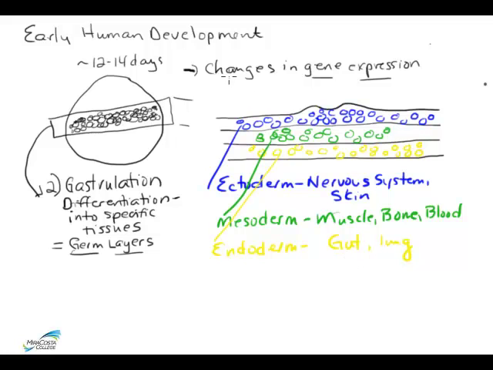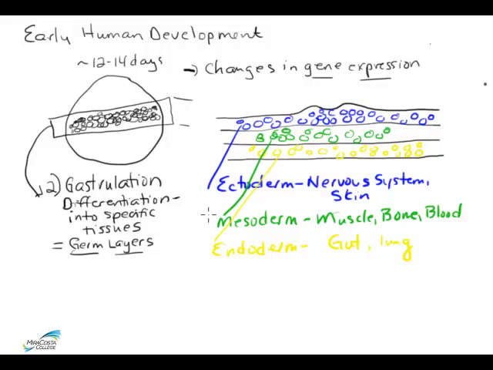So the changes in gene expression that have occurred at gastrulation have resulted in differentiation or specialization of the cells within these 3 layers so that they already have slightly different properties, and they're definitely going to have different fates within the embryo as development proceeds.